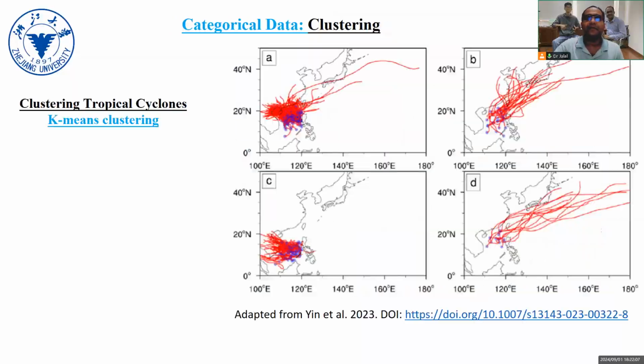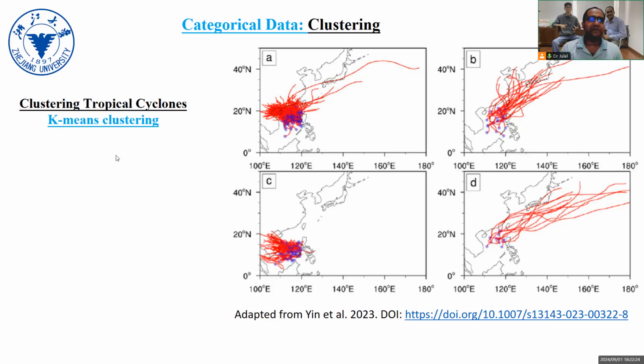Then we can also cluster. In clustering, as I said before, if you have similar types of data or features, you can group them together.